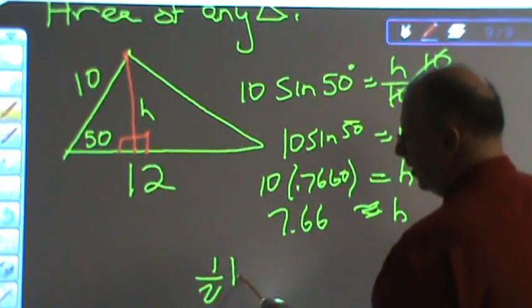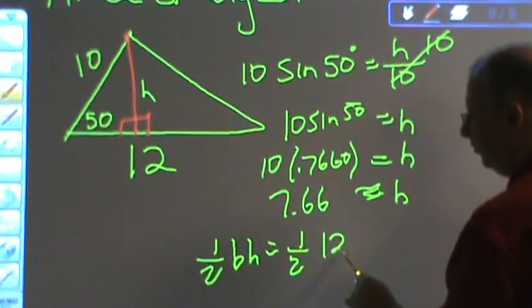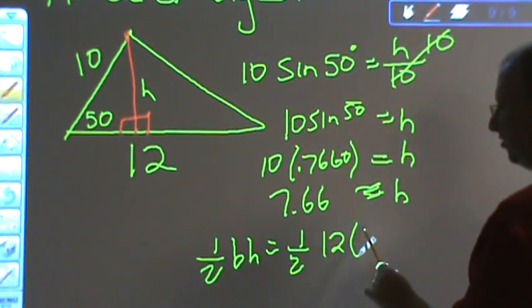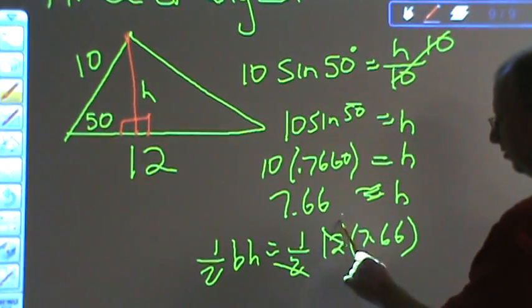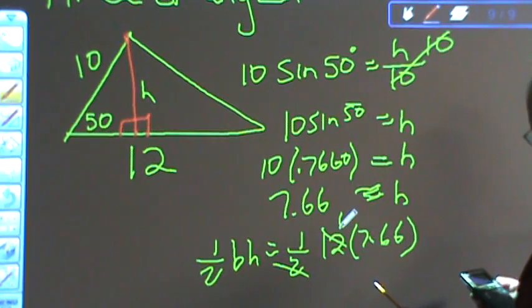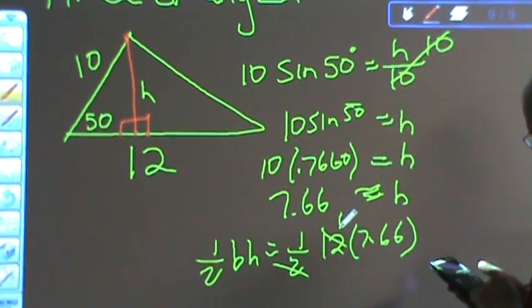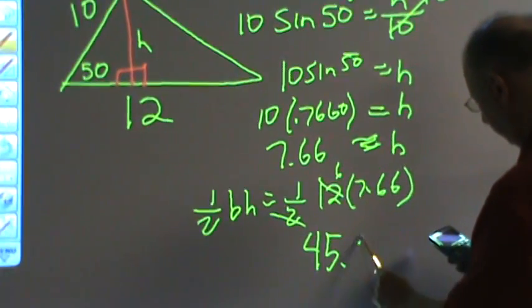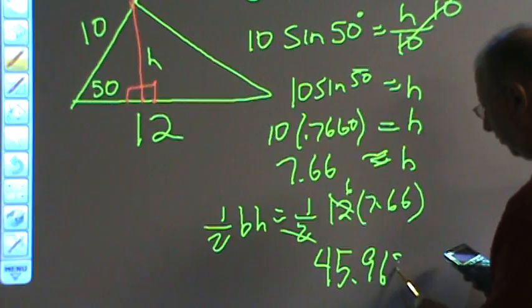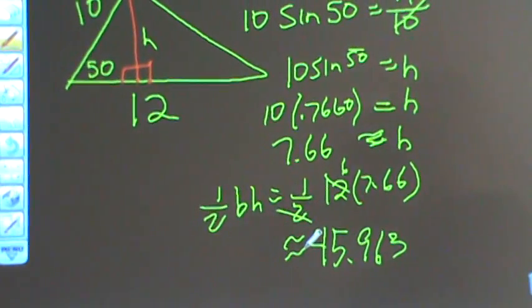Half base times height, which is 1/2 times 12 times the height, which in this case is 7.66. And your final answer would be 45.963, approximately. And that's it.